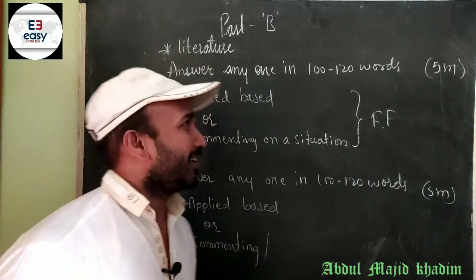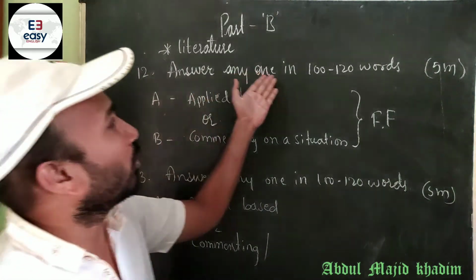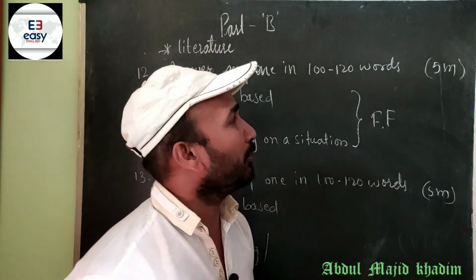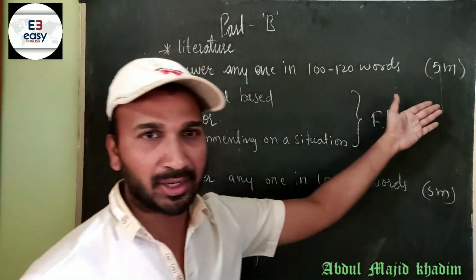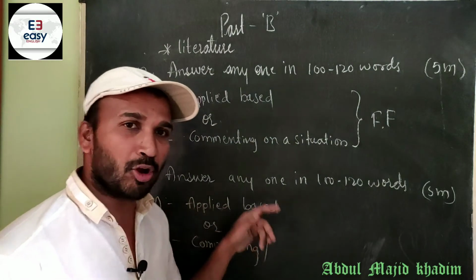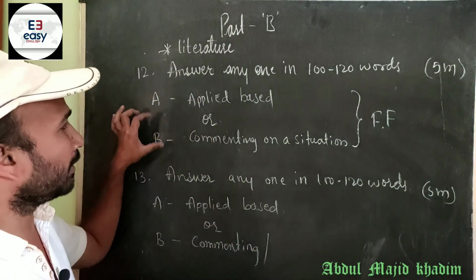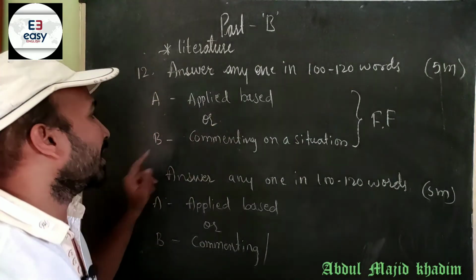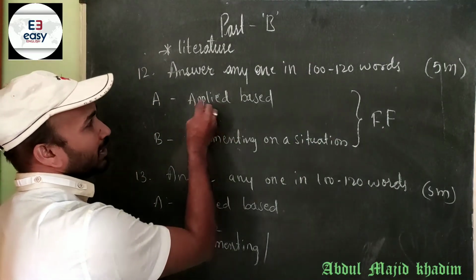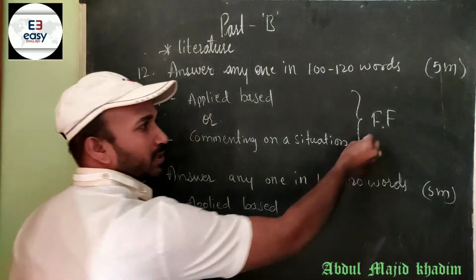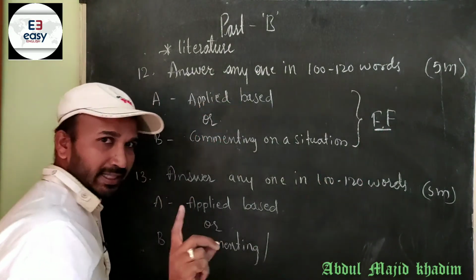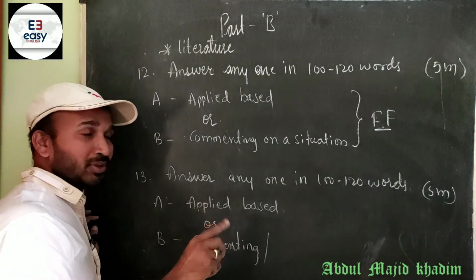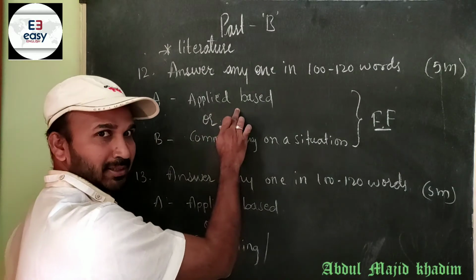Now we will see the 12th question. Answer any one in 100 or 120 words, that is a 5 mark question. So here you are having the option, A and B. You can attempt the A question or you can attempt the B one. So the A question will be from First Flight, from the main text.